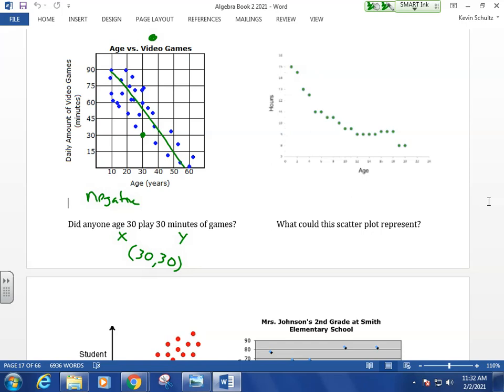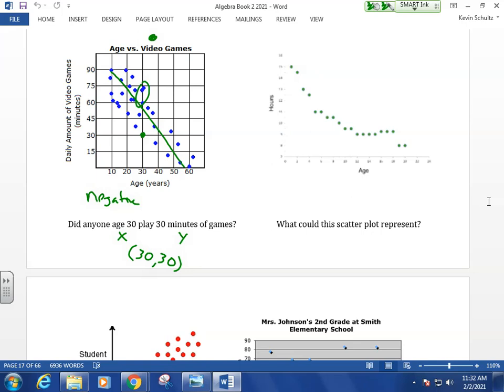The way this question is phrased, did anyone age 30 play 30 minutes? What Lucas is saying is that there are people age 30 who played 60 and 75 minutes. So technically they did also play 30 because they had to play 30 to get to 60. But the way this is worded is asking for the specific 30, 30. If it was at least 30, then the answer would be yes, because you've got some points there.